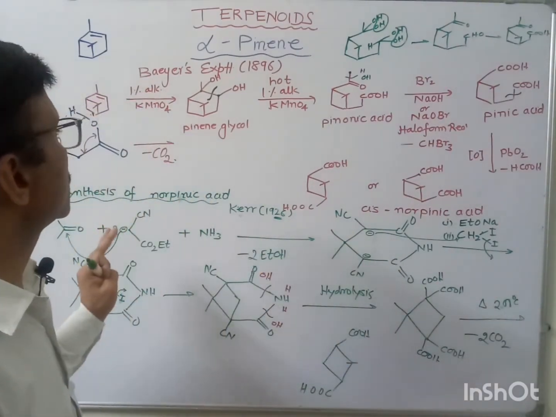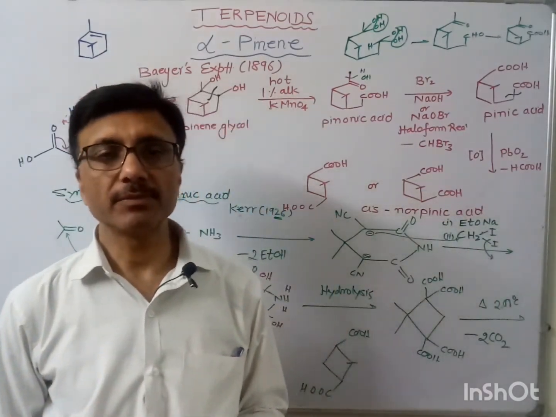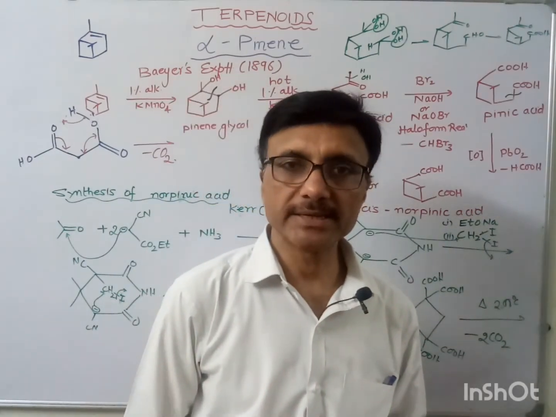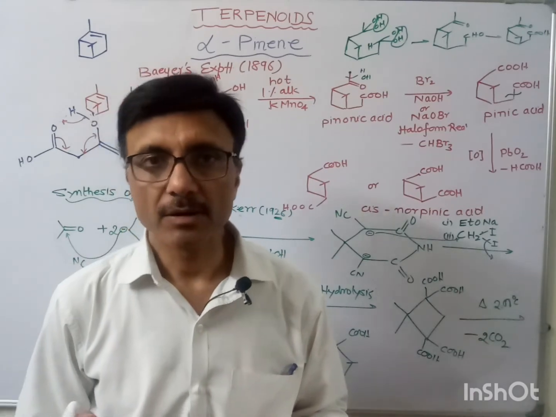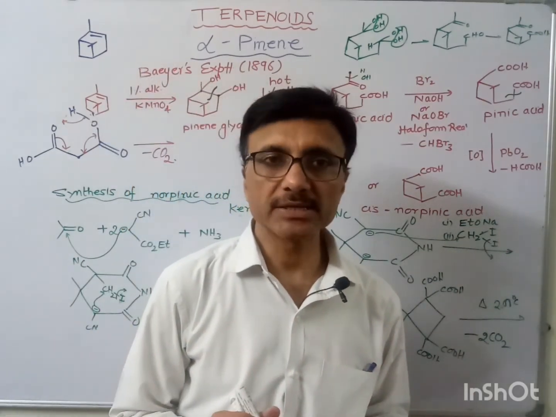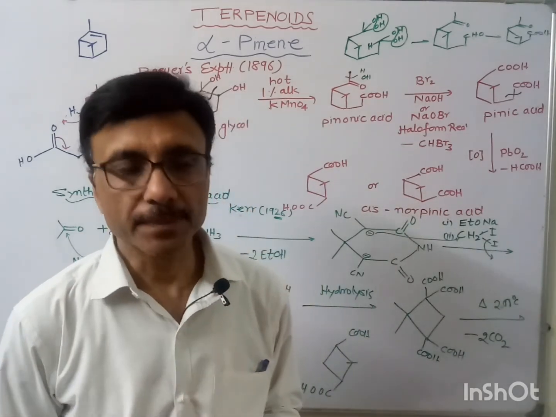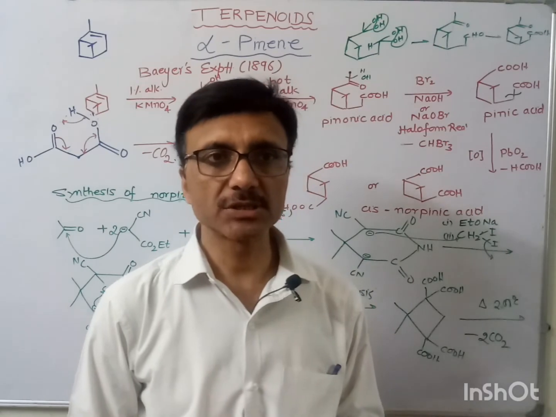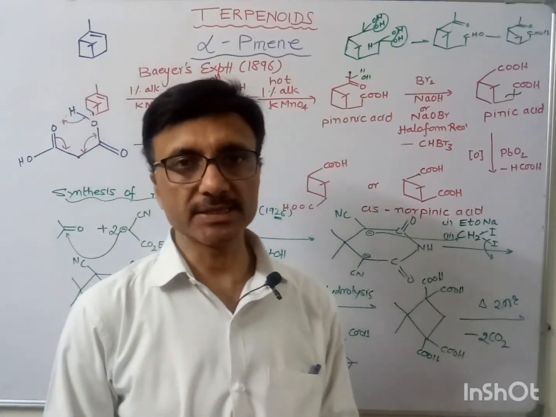So by this it was proved that this alpha-Pinene contains one double bond, and it contains 10 carbons, and it is a cyclic monoterpenoid, or we can say it is a bicyclic monoterpenoid. So finally the structure of this alpha-Pinene was proved by its synthesis.